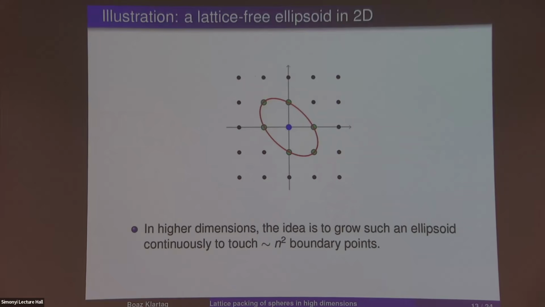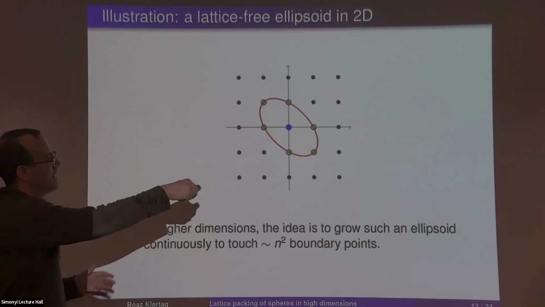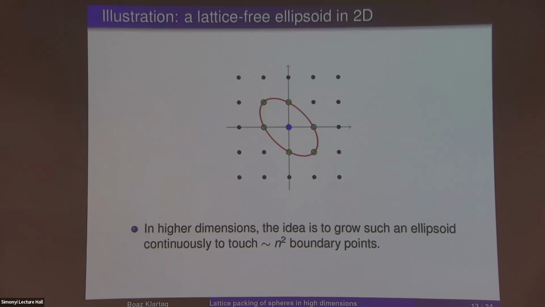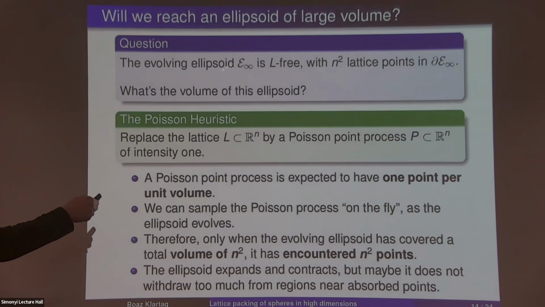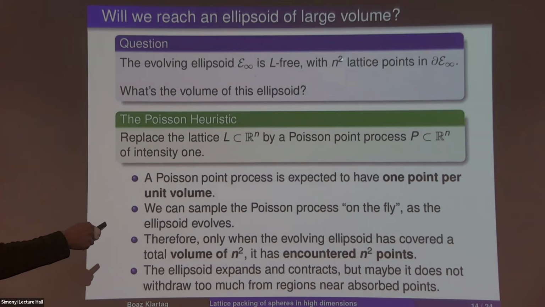Now all we want is to replace this idea of an ellipsoid with many contact points by an ellipsoid of large volume. That's what we want to do. The evolving ellipsoid is integer free and has roughly n square points on the boundary, but how to estimate its volume? It's not clear at all. To estimate its volume, we want to use the Poisson process heuristics.